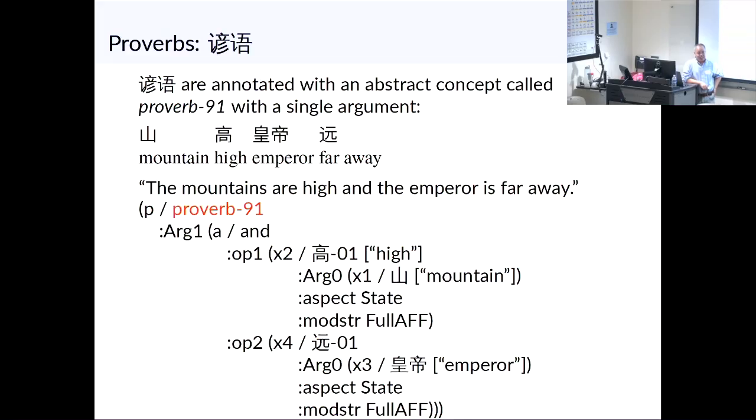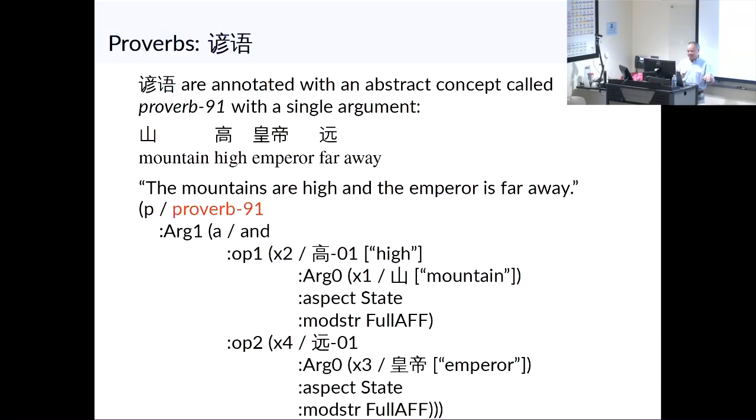How can robots understand this? Mountains are high. That means you're free. Nobody is watching over you. So that's what it means.